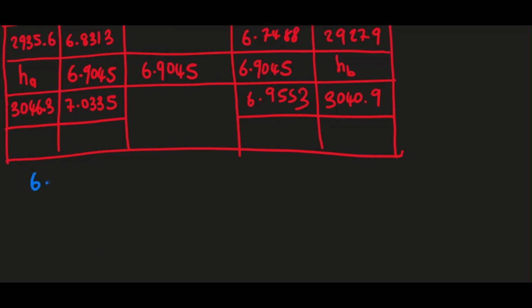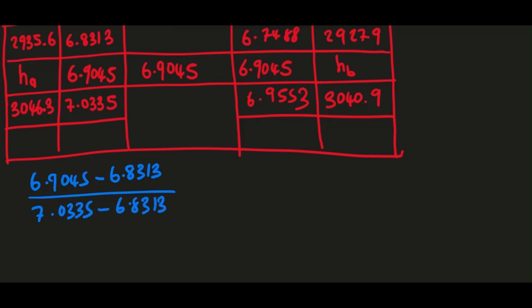So it's 6.9045 minus the lower limit, 6.8313, divided by the higher limit, 7.0335 minus 6.8313, which is my lower limit. I'm looking for an enthalpy value that correlates with my given entropy, which is HA.